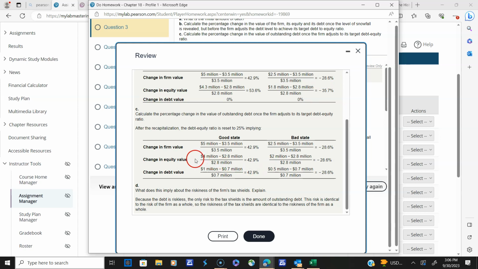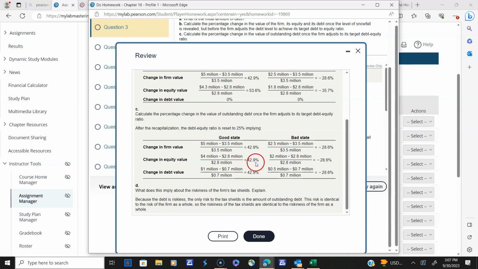All right. So the change in the equity value is 4 million minus 2.8 million over 2.8 million. And in the bad state, it's 2 million minus 2.8 million over 2.8 million, which is minus 28.6%, all right?